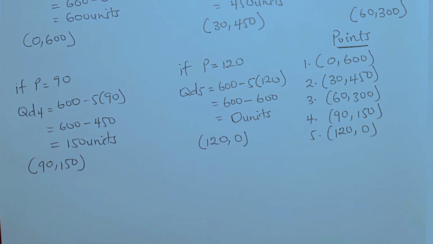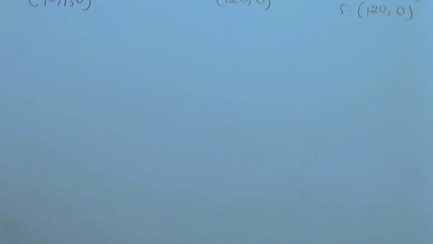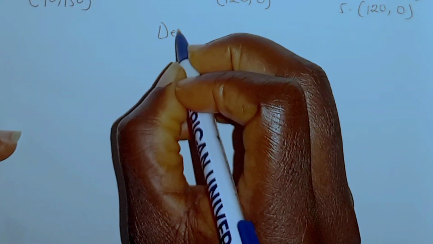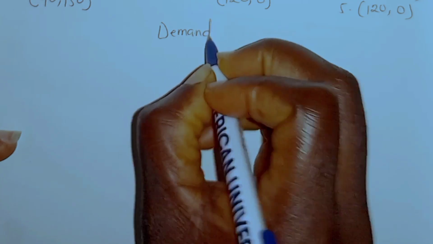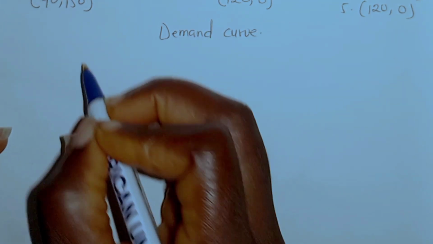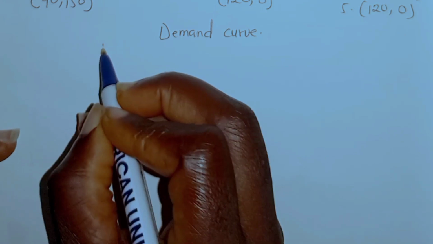So looking at this, we can easily plot it on our demand curve. So let's draw our demand curve to see if it actually goes by the law of demand.